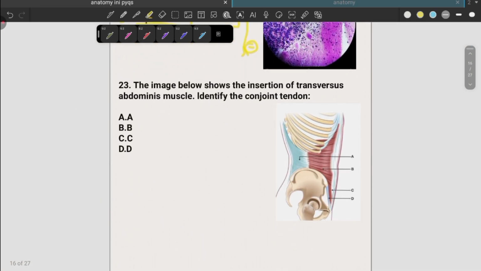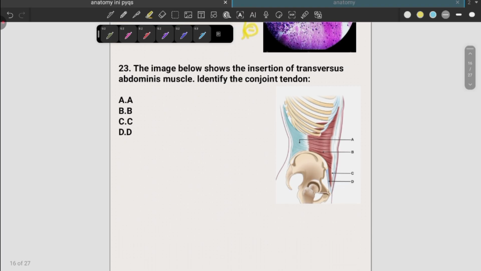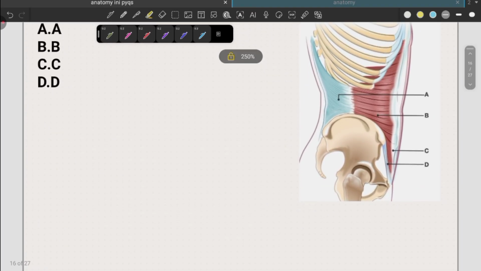Next, the image below shows the insertion of the transverse abdominis muscle. Identify the conjoint tendon. Which one is the conjoint tendon in this picture? Can you tell me? Actually, all the fibers should come and meet at some point.